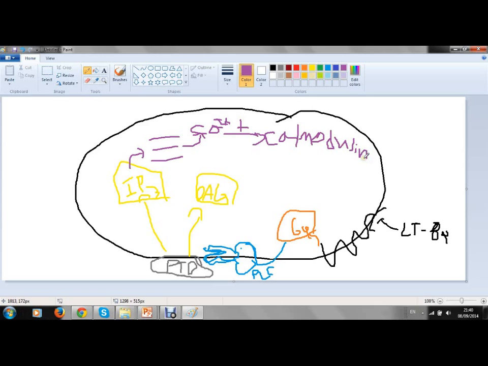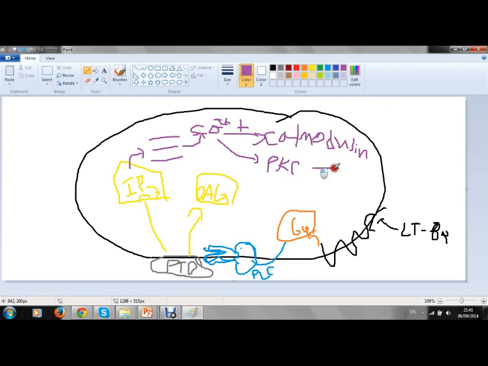Besides binding to calmodulin, it will also stimulate the enzyme protein kinase C. And the stimulation of protein kinase C will phosphorylate, along with calmodulin, filaments of actin and myosin.